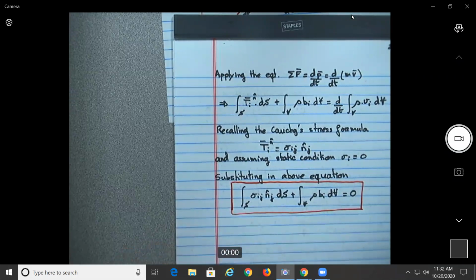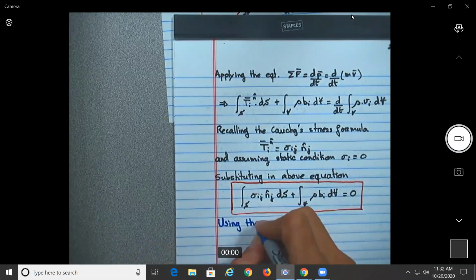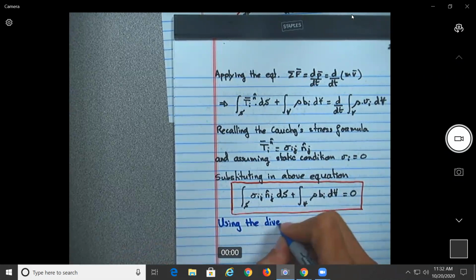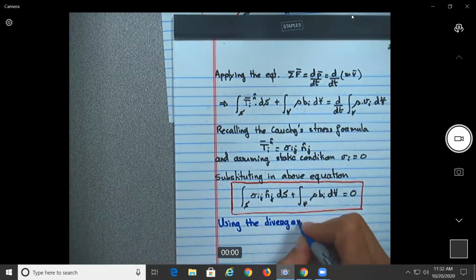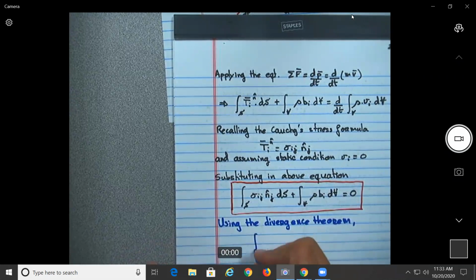Okay? So we're going to say using the divergence theorem, which is what?